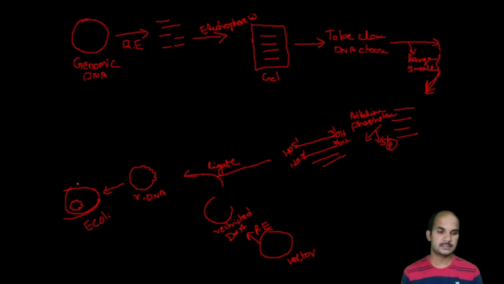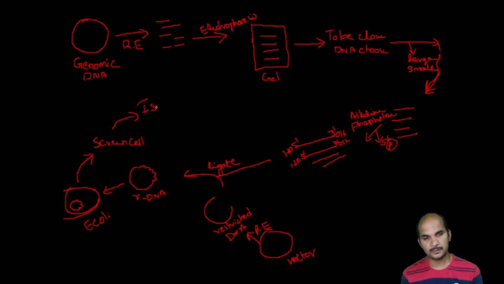After transfer, we have to choose whether E. coli cells contain our recombinant DNA. For that we have to screen the cells. After screening, we isolate the E. coli cells that contain the recombinant DNA, place them on media, and they will produce copies of our genomic DNA.